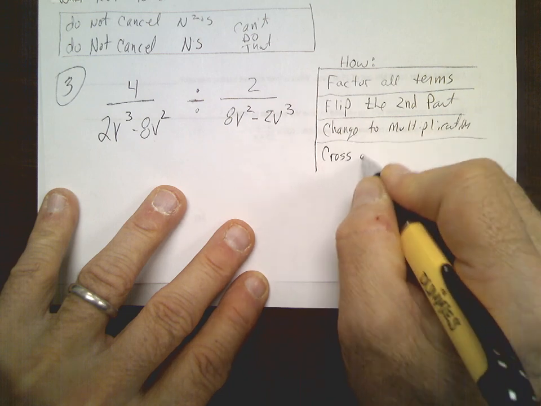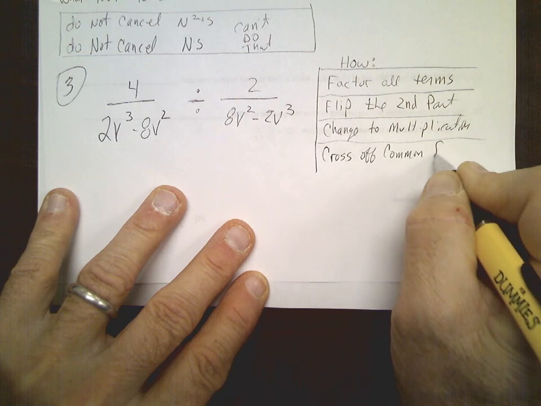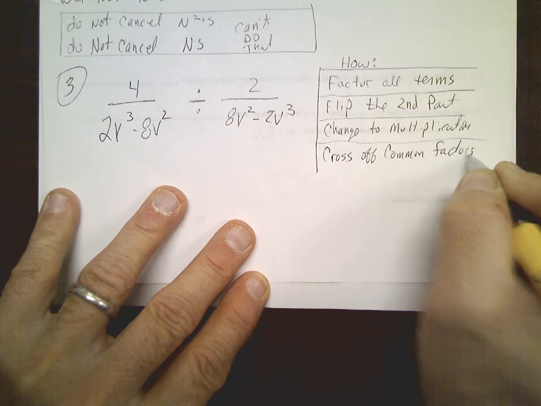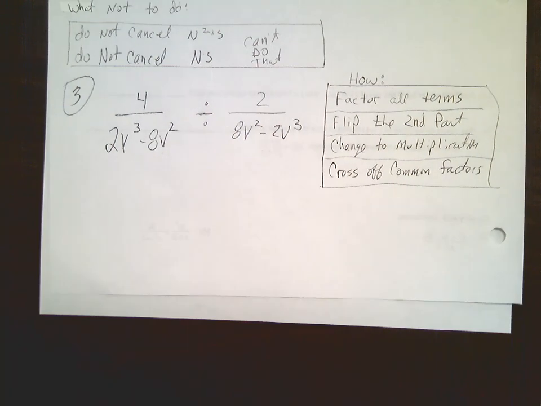Cross off common factors. See, they don't really want you to actually do any division. They just want you to factor and cross off.